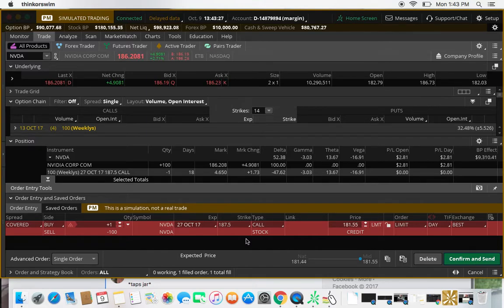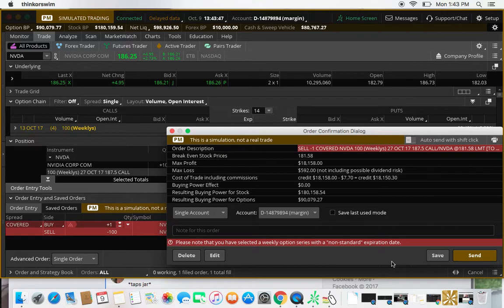Where are you seeing $181.57? Oh, okay. So this is what I want to look at to make sure I'm confirming that I know what I'm doing. Well, that's the price of the option premium and the stock combined. So confirm and send.